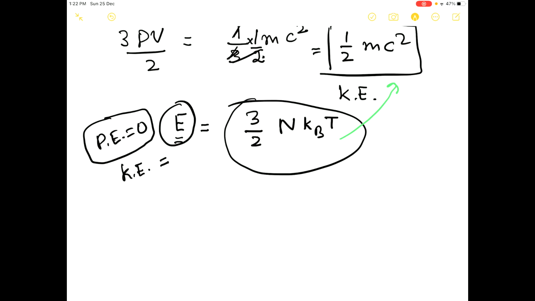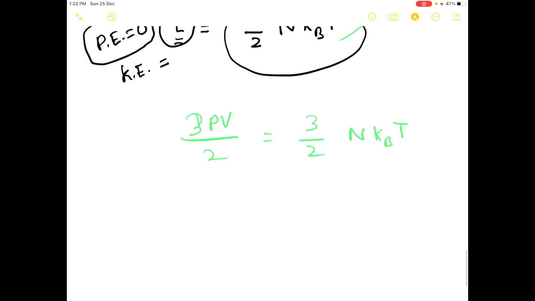So we can say that 3 PV by 2 is equal to 3 by 2 nkbT. The 3 by 2 cancels out.